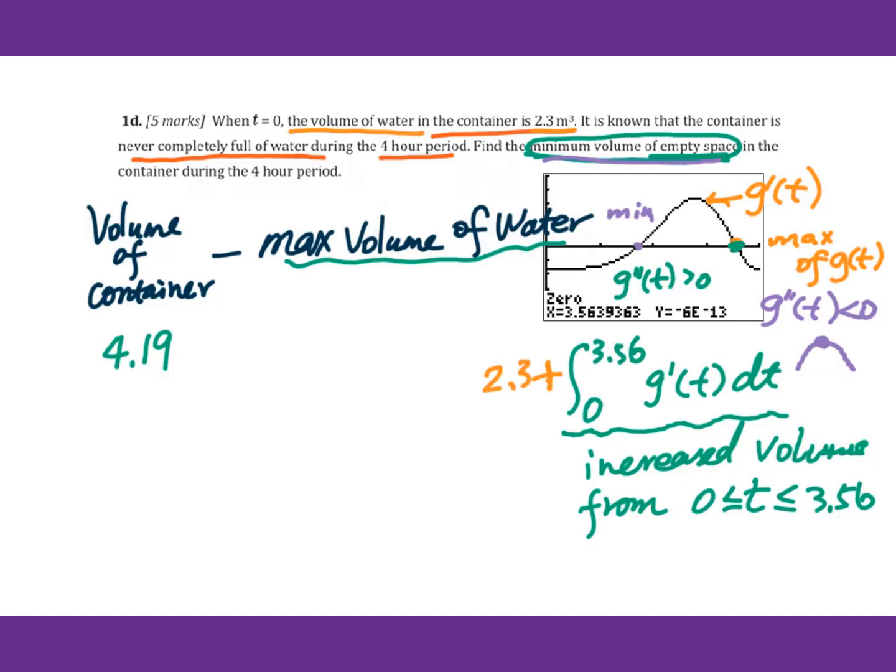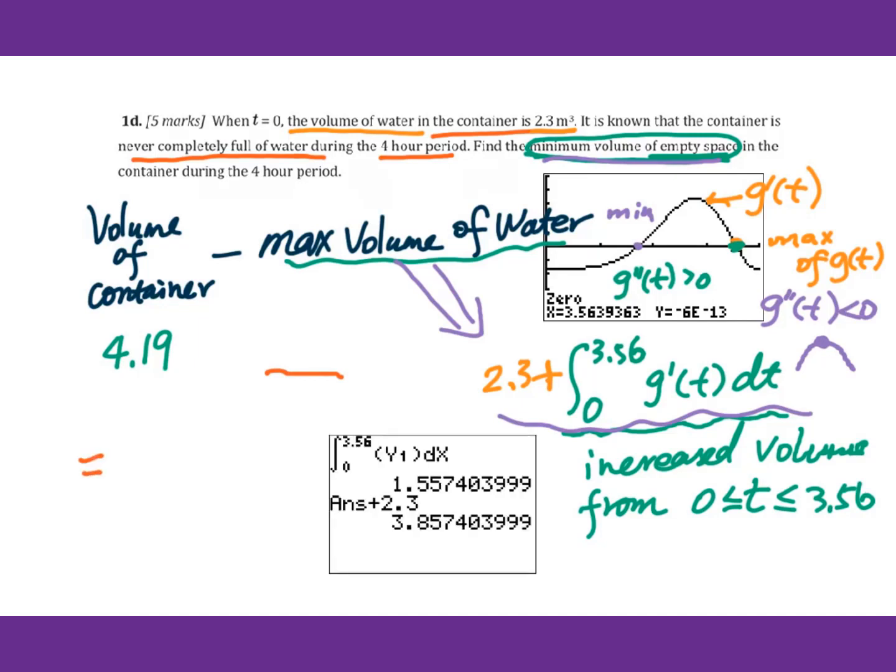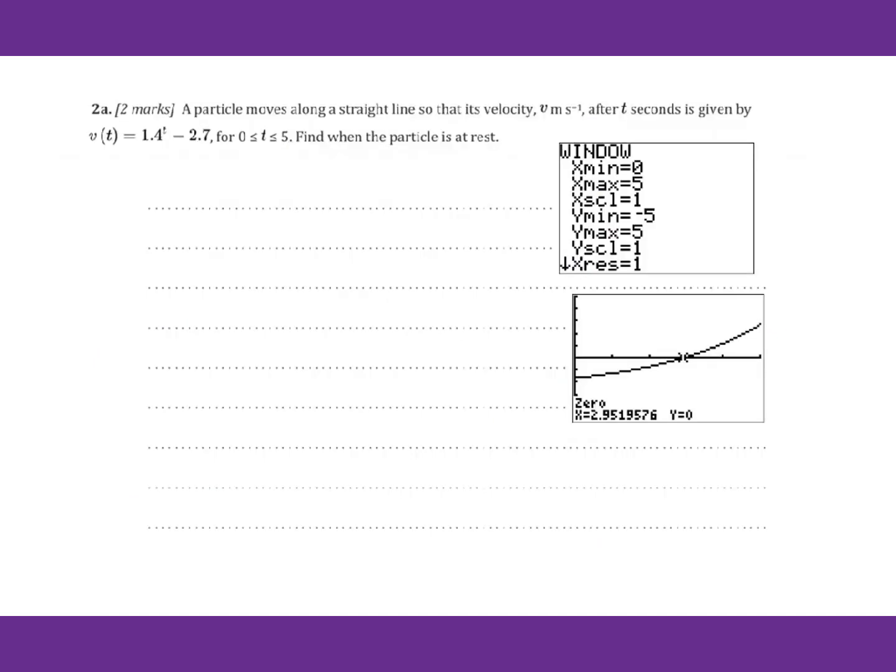This will be the maximum volume of water. Then we use 4.19 subtract. When you put it into the calculator, you will get 4.19 minus 3.86. That is 0.33.